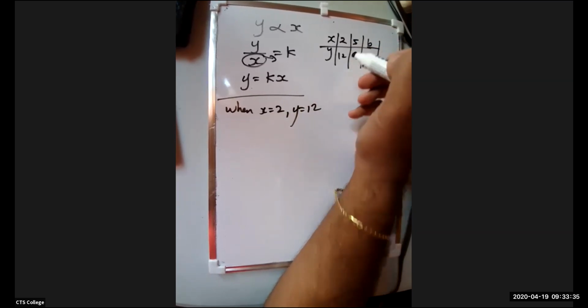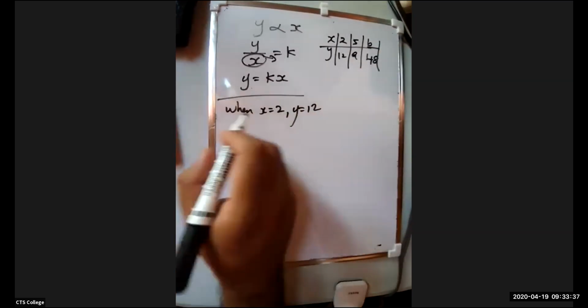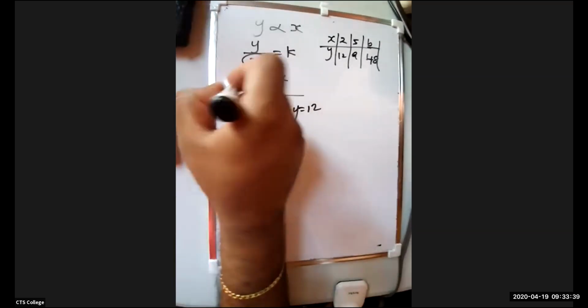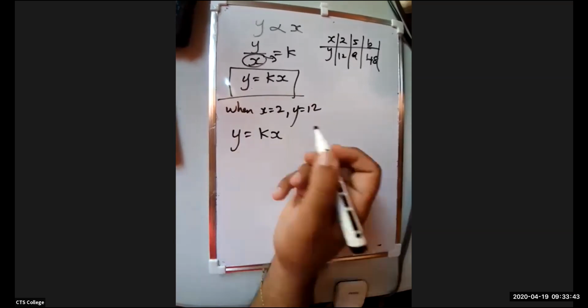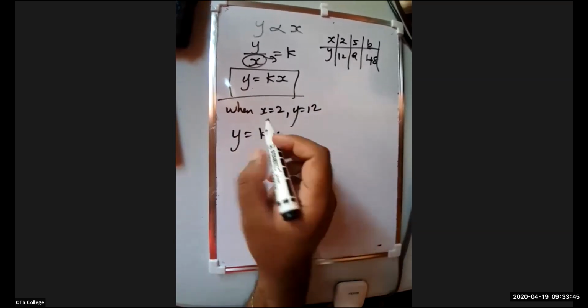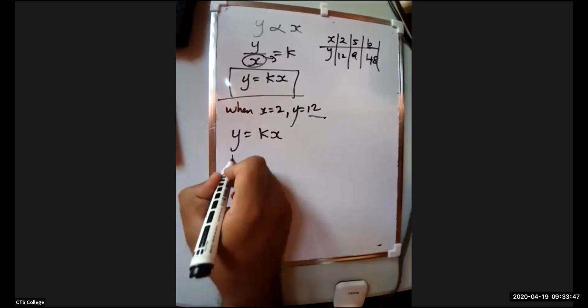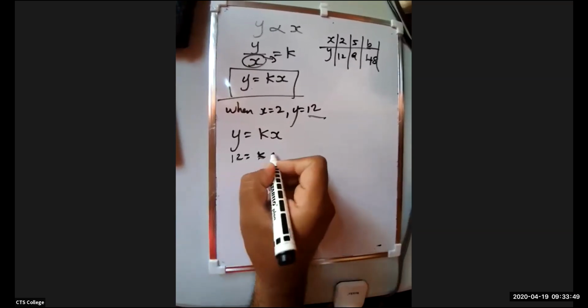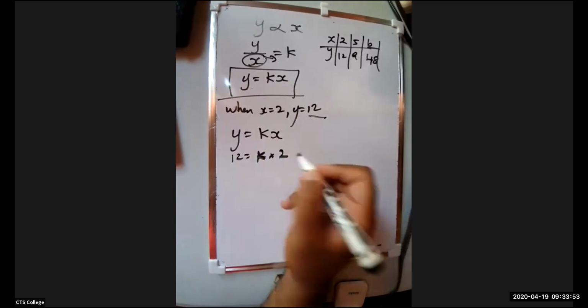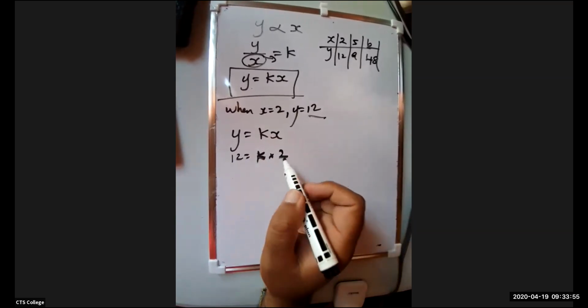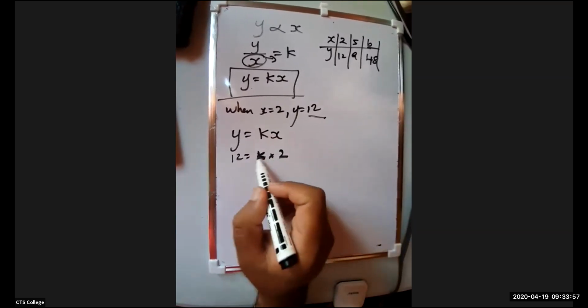Okay, so let us just input this information into this formula that we just found. Y is equal to kx because we need to find out what k is. So y is 12, which is equal to k multiplied by x, which is 2. So we don't want this, we want just k alone.